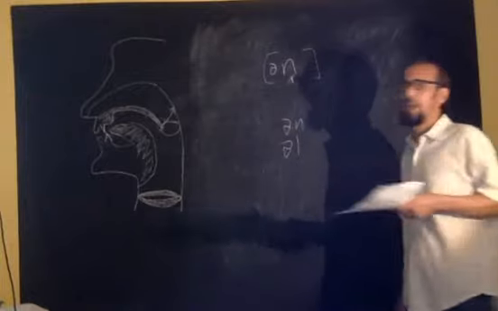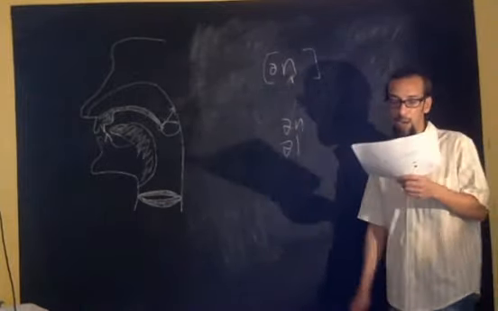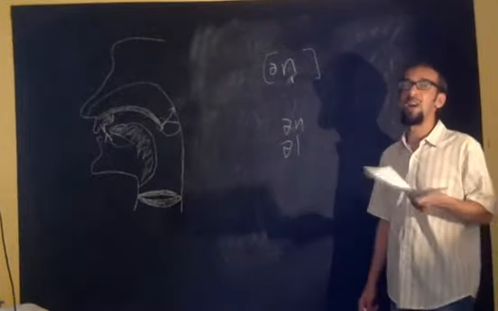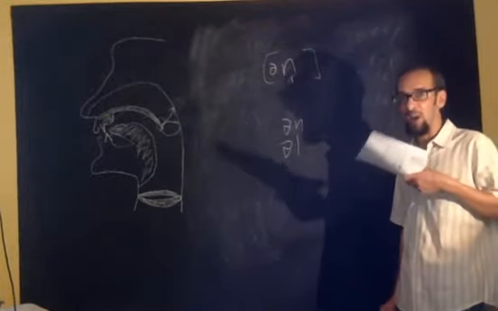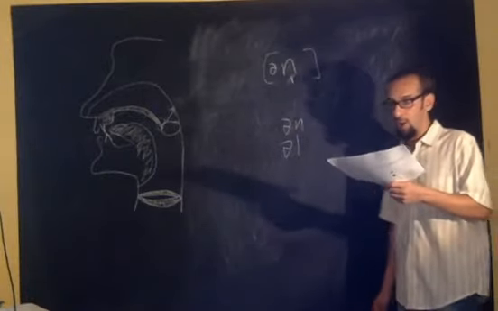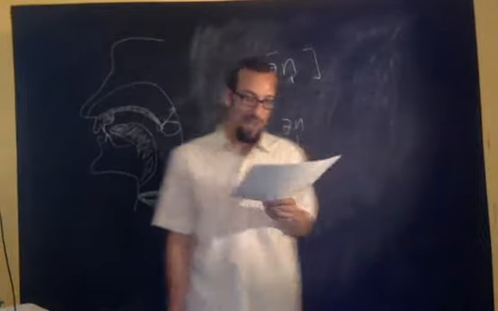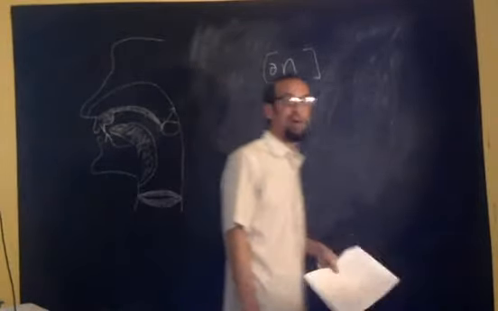Now, just to make things a bit more complicated, unlike n, l, and m, r really does have a version that is unambiguously a vowel or the head of a syllable in English. Unlike the other syllabic consonants, this can occur in either stressed or unstressed syllables.